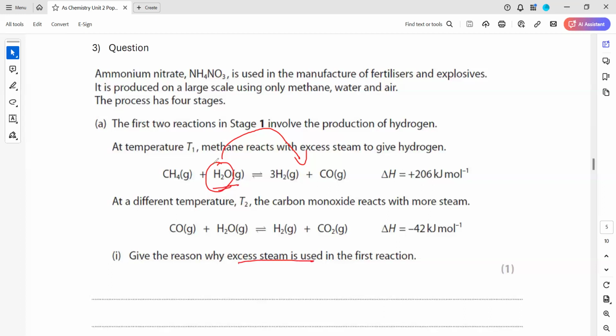More than enough. For the first reaction, when we use excess steam, first thing, steam is a reactant in both reactions. And another thing is that when steam is reacting, with more reactant it will shift the equilibrium towards the right, or it will increase the amount of hydrogen.